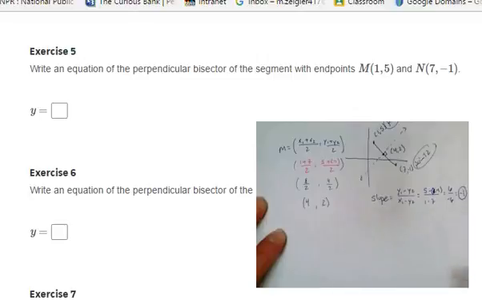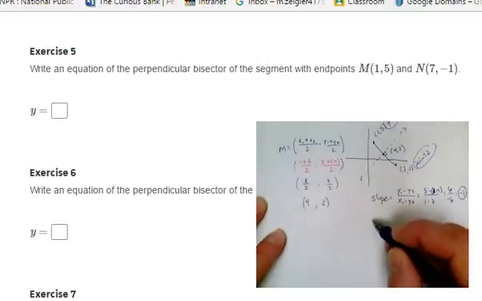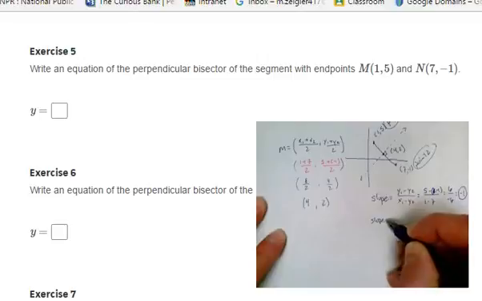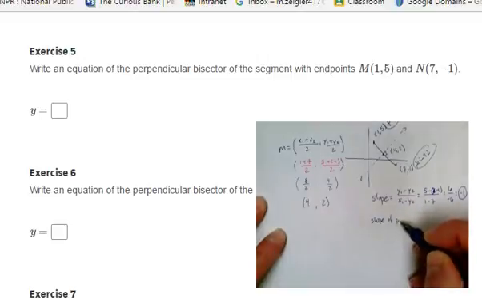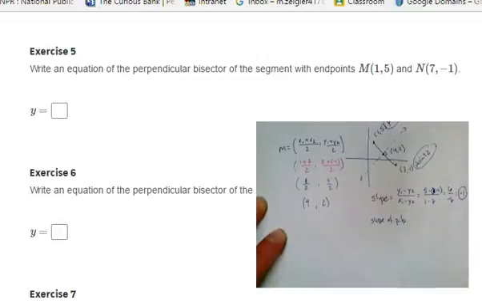So the slope of our perpendicular bisector would be the negative reciprocal of that. The negative reciprocal of negative 1 is positive 1. So the slope of the perpendicular bisector equals positive 1.